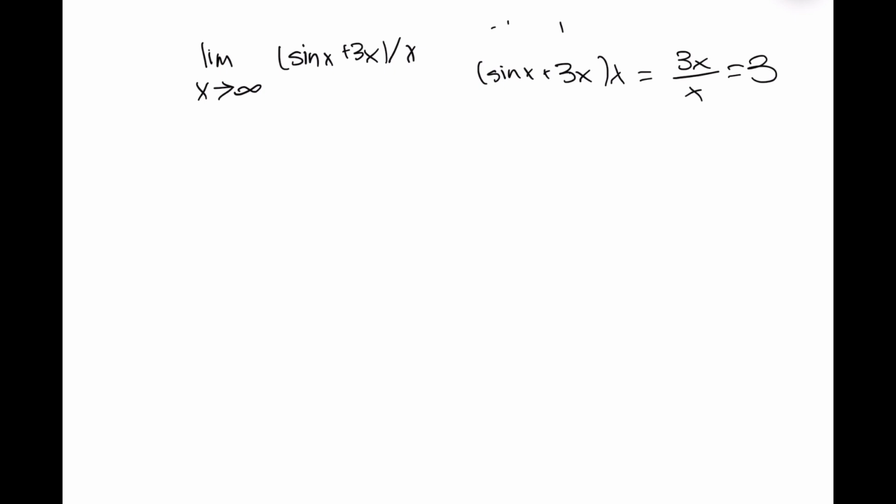Because of the large numbers here, we don't have to care about the 1 or the -1 or whatever the small numbers in sine of x are. Because infinity plus 1 is still infinity. Infinity minus 1 is still infinity. So it's just going to be 3x over x, which just equals 3.